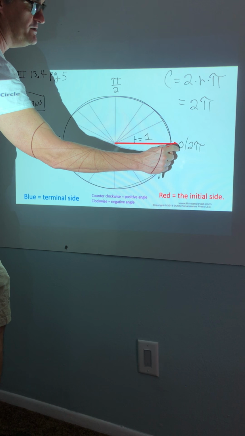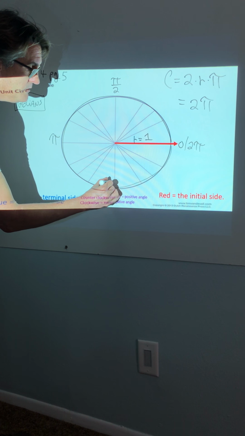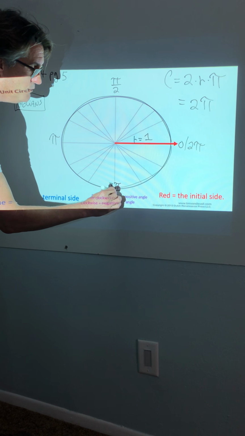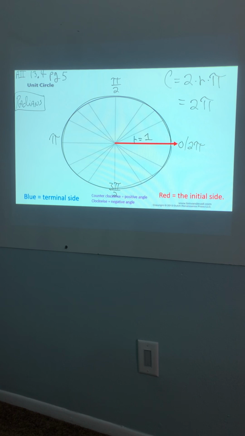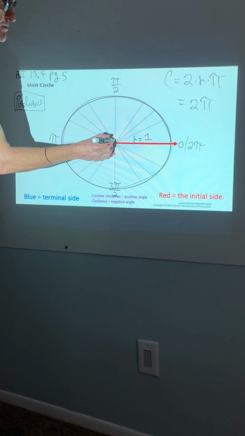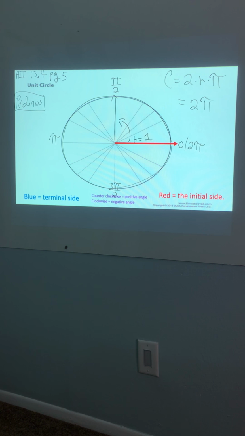So look, 0, 1/2 pi, pi, then 3 pi over 2, which is 1.5 pi, and then back to 2 pi. Radians is a way of finding locations as well, just not in degrees. If you want an angle that is pi over 2, you put your other ray right here and draw your counterclockwise spin, and that is pi over 2 in radians.